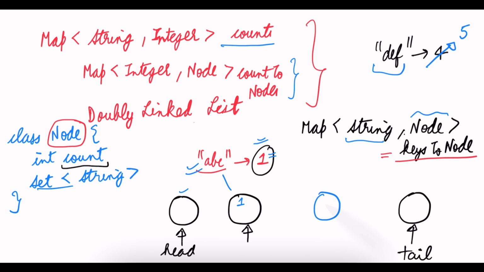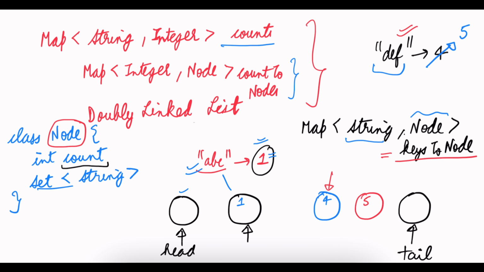Now we get the corresponding node which has count 4, and we check if a node with count 5 already exists or not. If it already exists, then we can simply add the string DEF, and if it does not exist, then we can create a new node between this node 4 and 4.next.